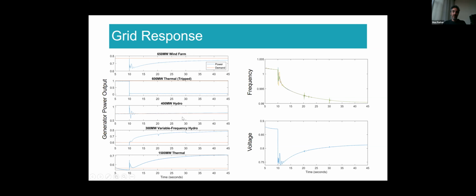One thing to note is that the fixed speed hydro plant is very slow in operating, but the variable frequency one is providing quite a lot of power as it should be. Also, I don't know what these little glitches are in the virtual synchronous machine.